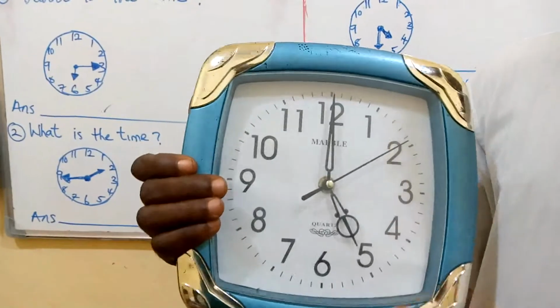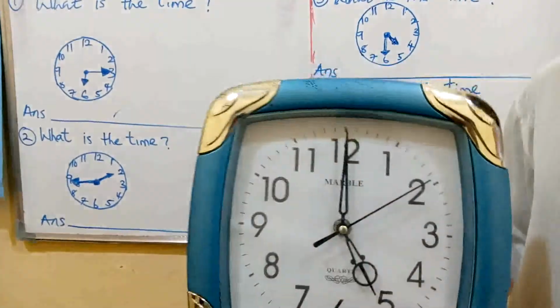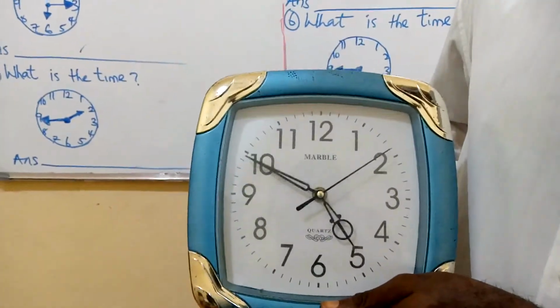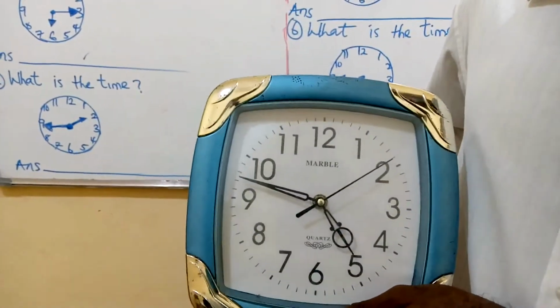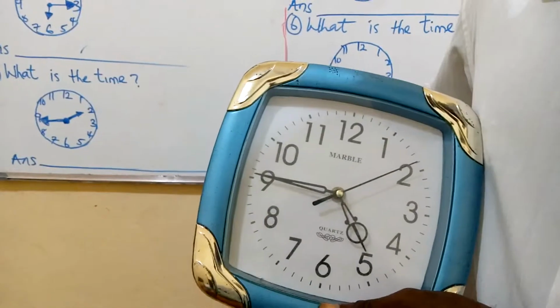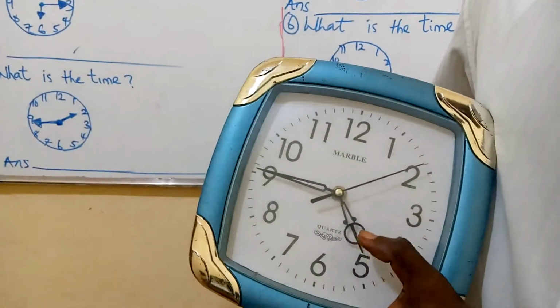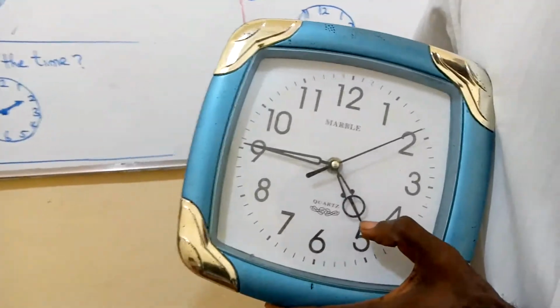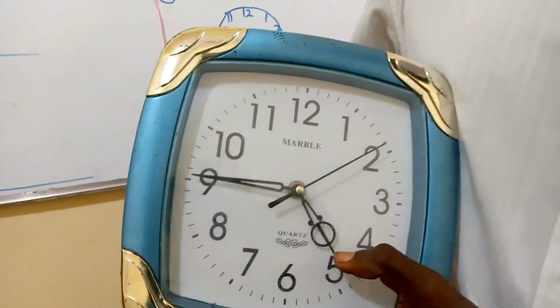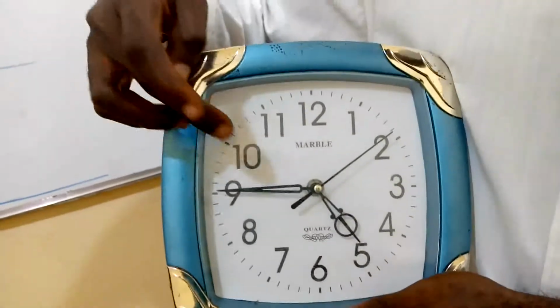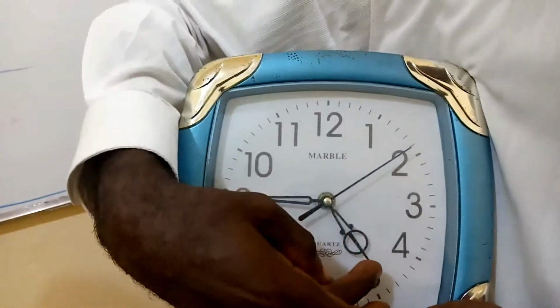So now we are going to be looking at quarter to an hour. When the long hand is on 9 and the short hand is at 5 as it is now, or getting to 5, this is quarter to 5.